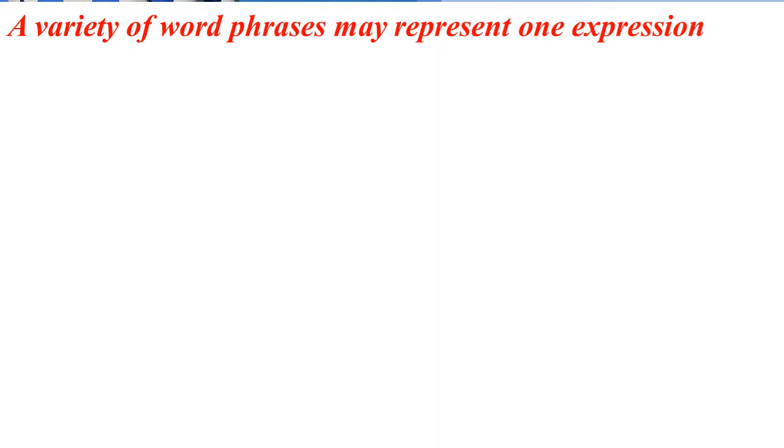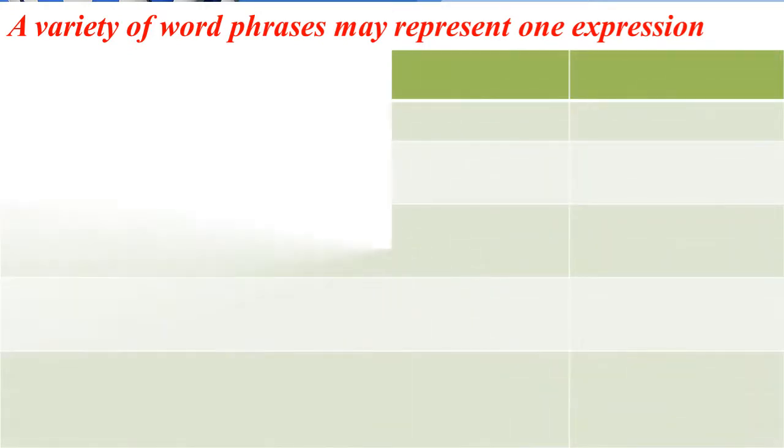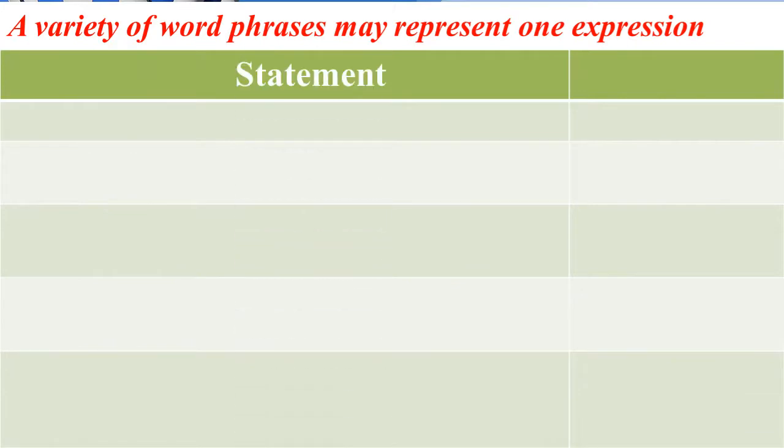So next, let us see how to write algebraic expressions. A variety of word phrases may represent one expression. The first given statement is a number. A number means let us take one variable, so the x.